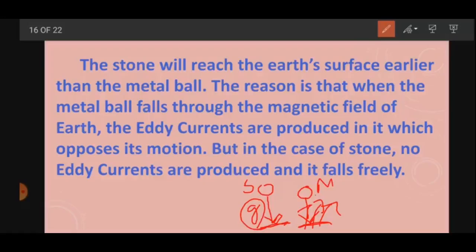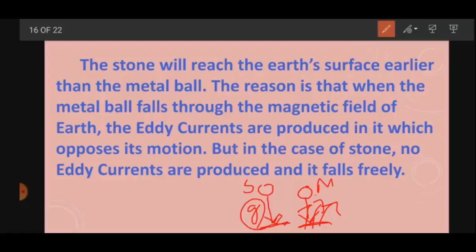So there is relative motion between the metal ball and the magnetic field. Here an induced current, that means eddy current, is produced. So this eddy current opposes the cause, because the magnetic field and eddy current act in opposite directions. So the ball slowly comes to reach the earth.